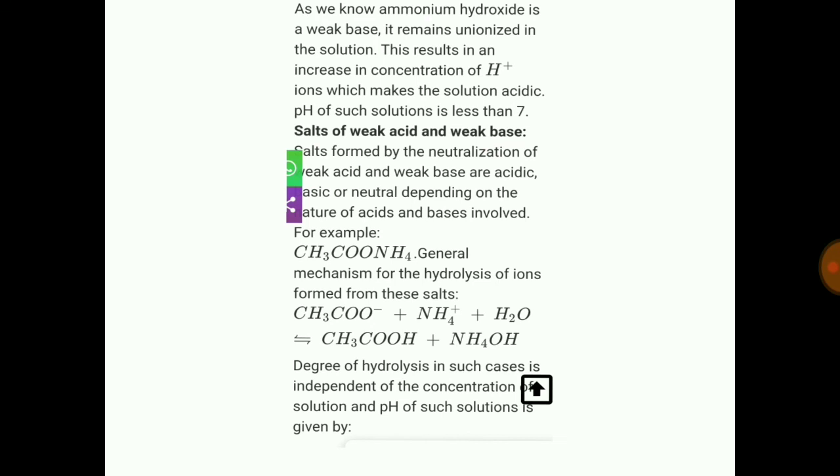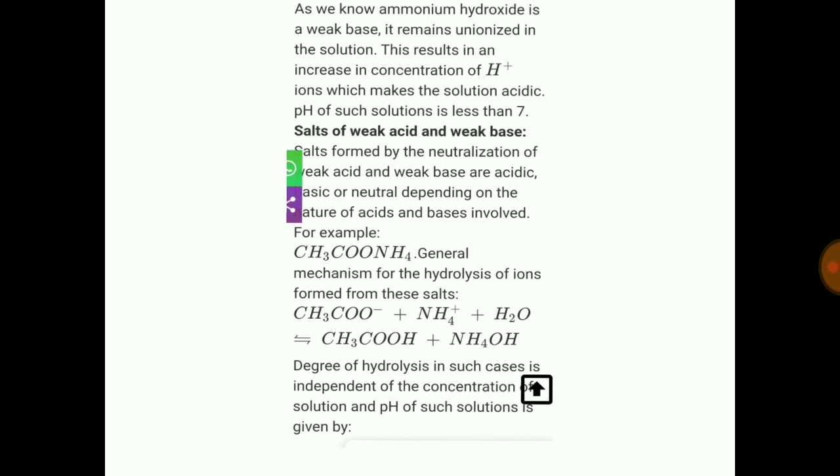As we know, ammonium hydroxide is a weak base. It remains unionized in the solution. This results in an increase in concentration of hydrogen ions, which makes the solution acidic, because acids are the substances which provide hydrogen ions. The more the concentration of hydrogen, the more acidic the medium. The pH of such solutions is less than 7.